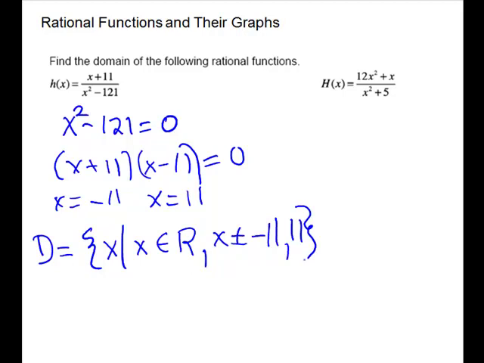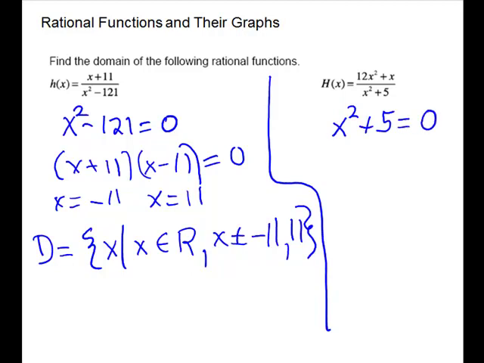The next one is a little tricky. So you would start the same way, and you would set x squared plus 5 equal to 0. And you would want to solve that. Well, this doesn't factor, so if we try to solve it a different way, we could subtract the 5 from both sides and use the square root method.